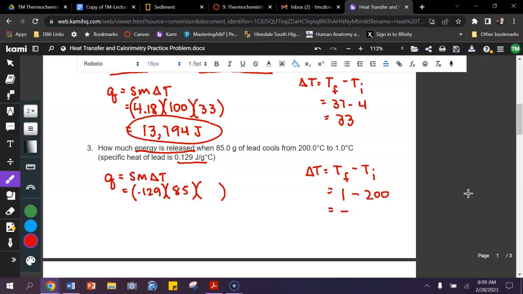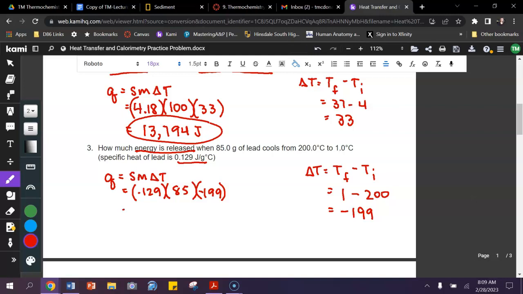So in this instance, my ΔT is a negative 199 degrees. But that's okay. I'll explain that in a minute, but we're going to go ahead and put that in here with negative 199. Remember that if your ΔT is negative, it means that energy was released by the system.